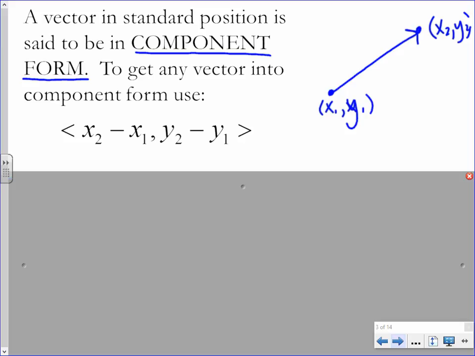So what you need to remember is terminal minus initial, okay, where it ends minus where it begins. And then, like I said, instead of like parentheses, to notate that it's a vector, we use the chevrons, okay?